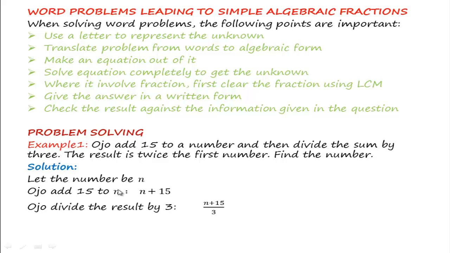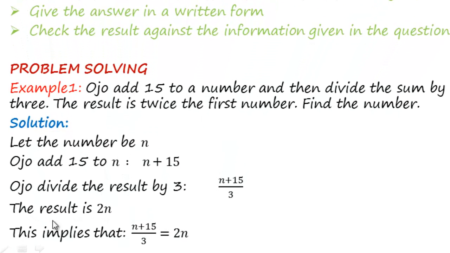Now the result of this is equal to 2 times that number. And the number is n, so the result is 2n. Are you following now? When you equate it together, that is (n plus 15) divided by 3 resulted to 2n. This implies that (n plus 15) divided by 3 equals 2n. I believe this is very simple.